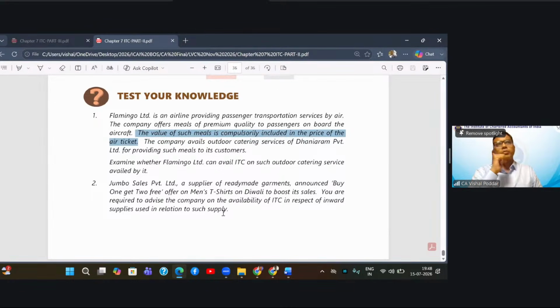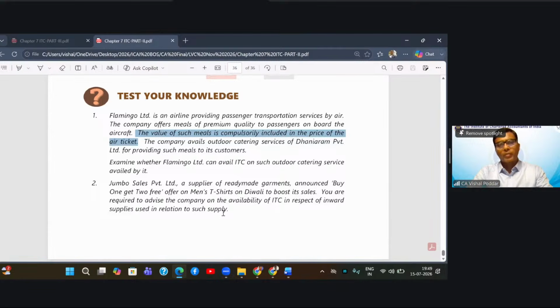Fine. Now we come to 17(5), and again we find a blocking in 17(5)(h), where it says if any goods are given free. So where goods are given free of cost, then 17(5)(h) says that we will block the credit. Now, if you read 17(5) very theoretically, that is, only if you read this, you will get an impression, you will get an answer that it is blocked. However, students, here comes the application of circulars.